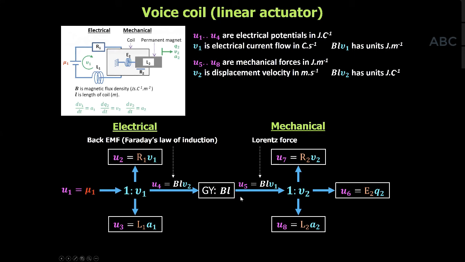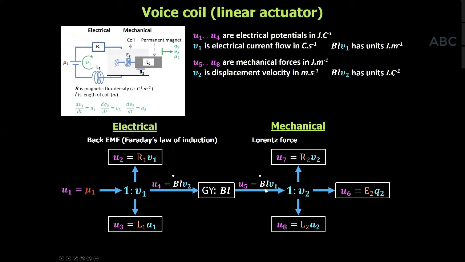But now you can see the beauty of this: from the electrical point of view, you have a back EMF, Faraday's law of induction, which says that you have a back potential here, which is related to the velocity of the mechanical system. So this V2 is in mechanical meters per second. This is a voltage, and the coupling is the field strength B and the length L of the coil.